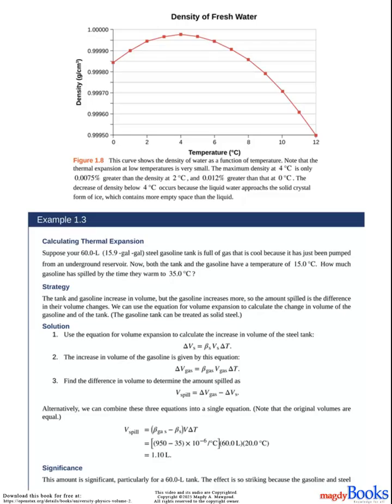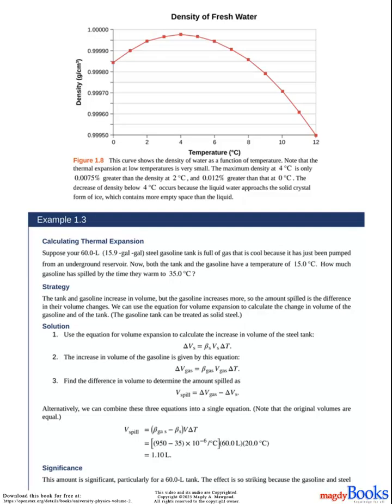Strategy. The tank and gasoline increase in volume, but the gasoline increases more, so the amount spilled is the difference in their volume changes. We can use the equation for volume expansion to calculate the change in volume of the gasoline and of the tank. The gasoline tank can be treated as solid steel. Solution. 1.